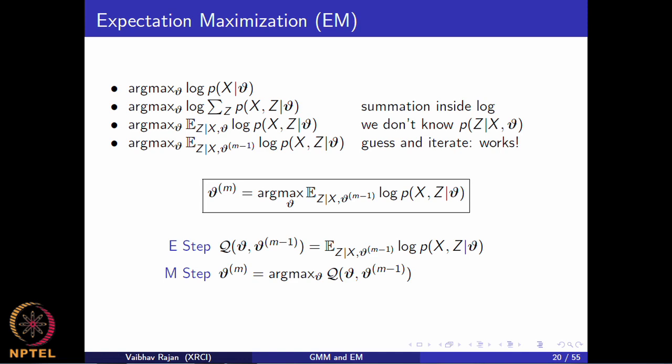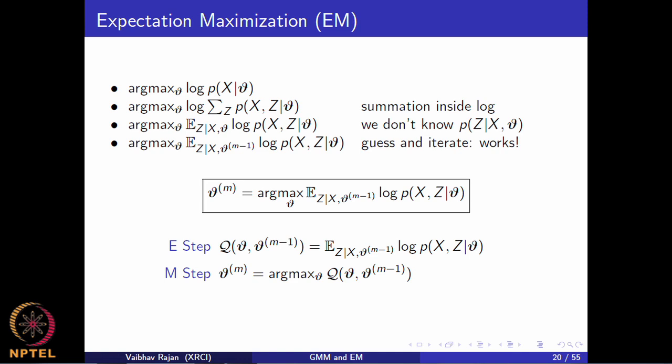So we decide to not compute the maximum likelihood in this way, but instead compute the expectation of the log likelihood of the complete data under the distribution of z, but we do not know the real distribution of z because we do not know the parameters. So we take the guess that we had in the previous round.